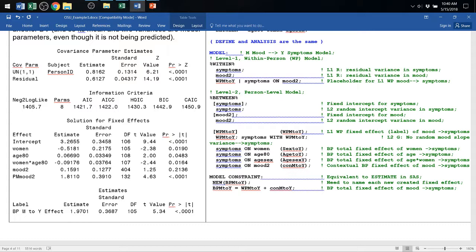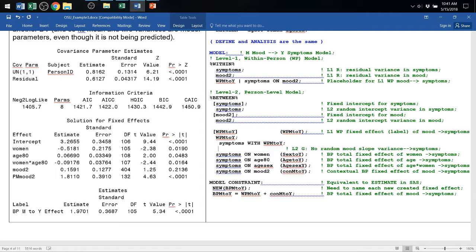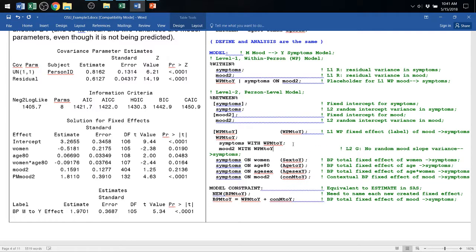So if I introduce the random slope variance for the within person effect of negative mood, I also need to give it a covariance with the random intercept. And the intercept of mood? That's right. Yep.